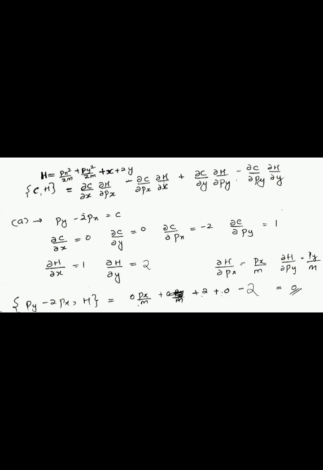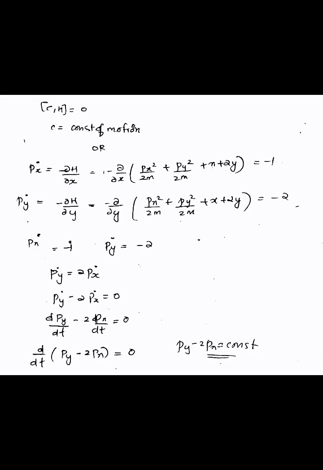So we can write the Poisson bracket of (py minus 2px) comma H is equal to 0. This means that this is the constant of motion, because if we take the Poisson bracket of this constant of motion with H, we get the answer as 0. So A is the answer. This is one method of solving this.